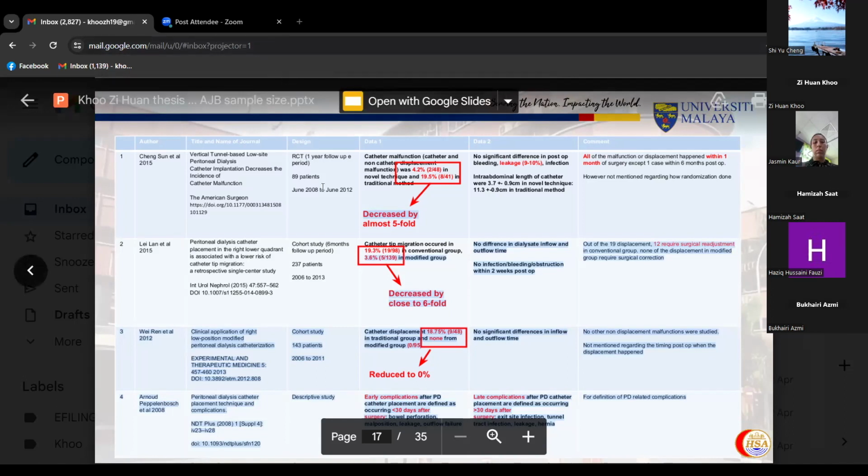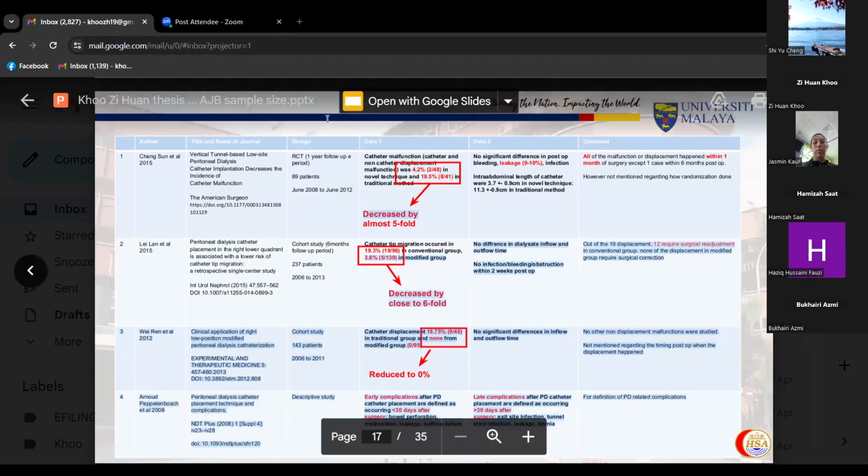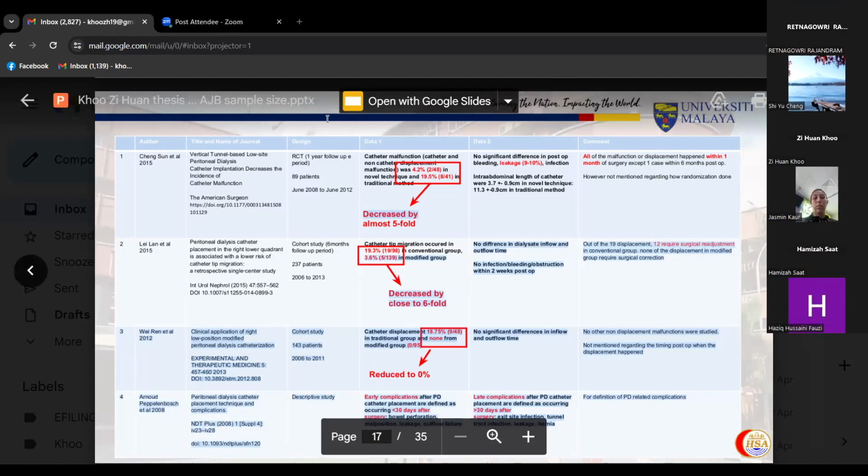How I did that was basically I'm putting the maths. It's not even a formula, it's maths. So you had 19.5% as the conventional technique. Then I did 0.3 times 19.5, and that should have given you 5.85, but you can check with a calculator yourself.